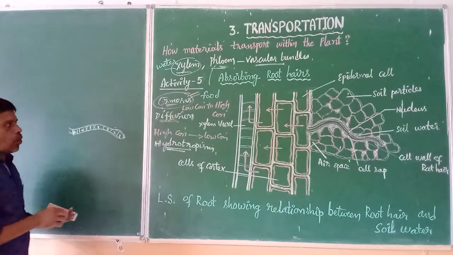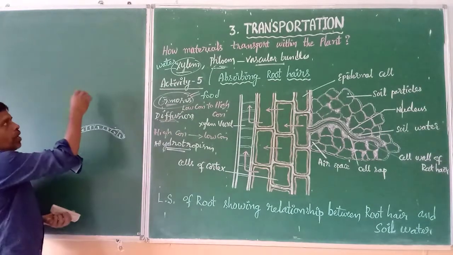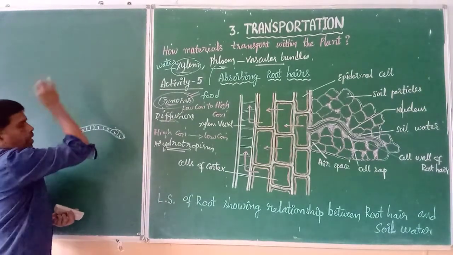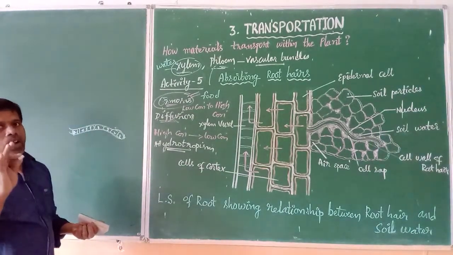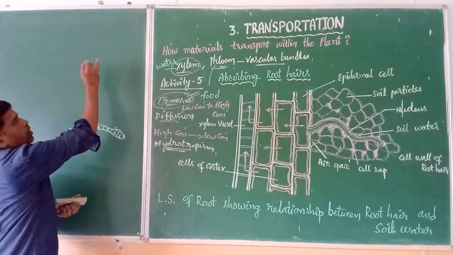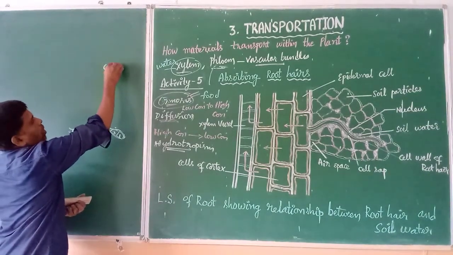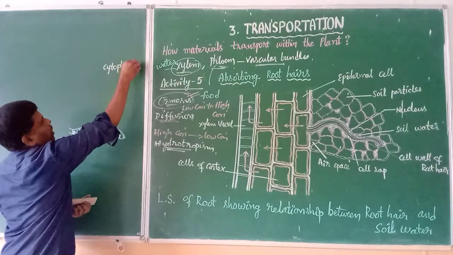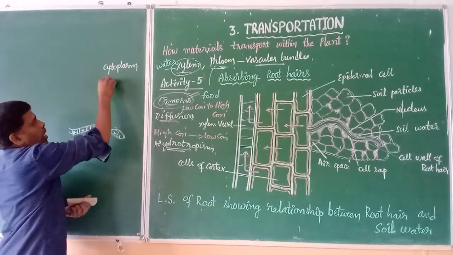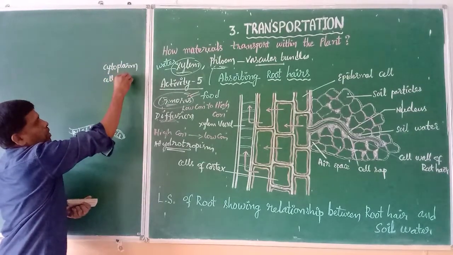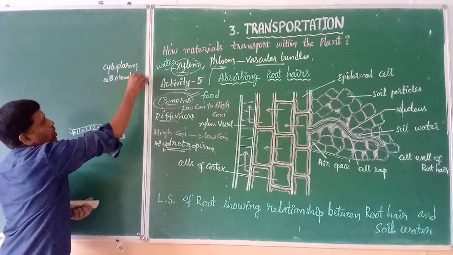Already I have said that in every cell, whether a plant cell or an animal cell, we have two things most commonly available. One is the cytoplasm, and one more is the cell membrane. The cell membrane is most important for absorbing nutrients.